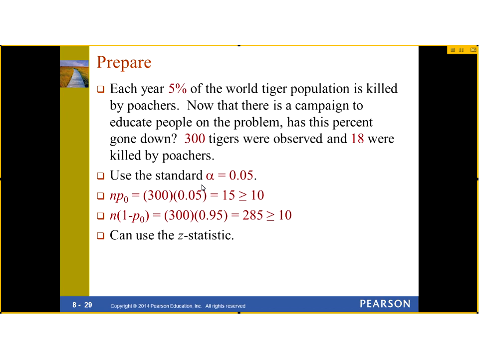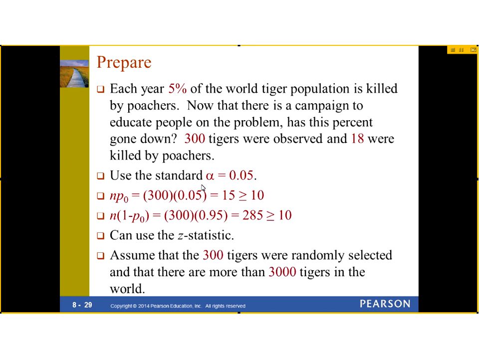So remember, we had that little test that n has to be less than 10 times the population. Is that right? Yes. We can use the Z statistic. Assume that the 300 tigers were randomly selected, and there are definitely more than 3,000 tigers in the world.